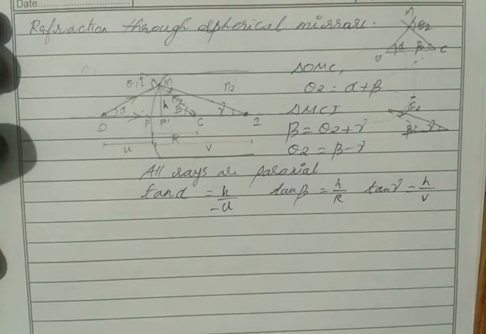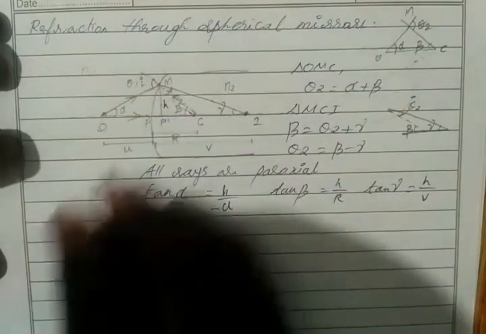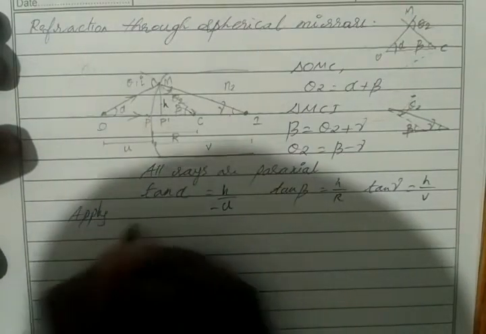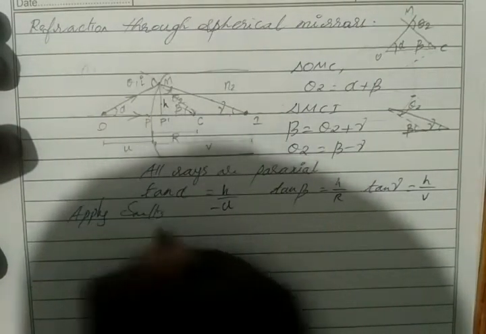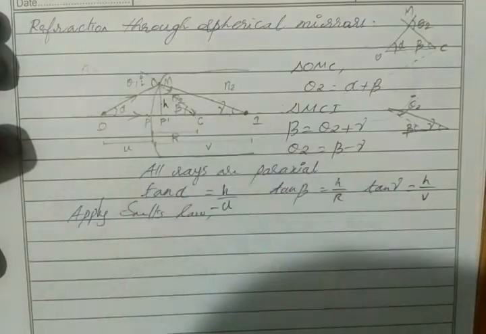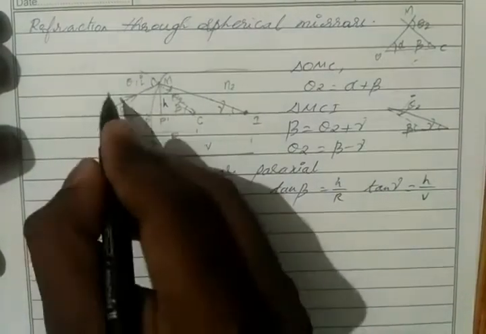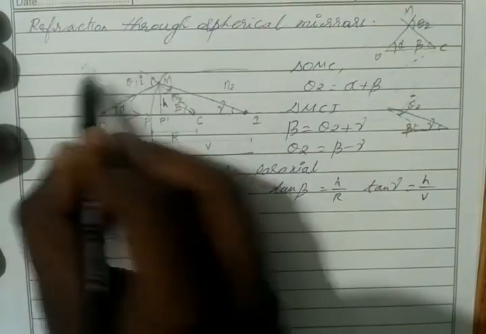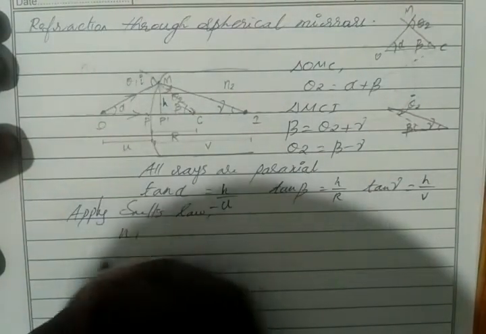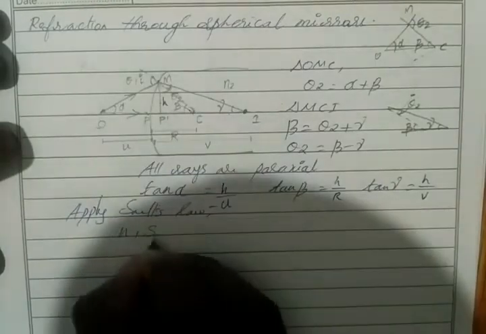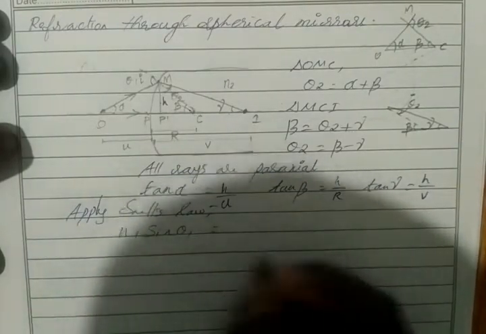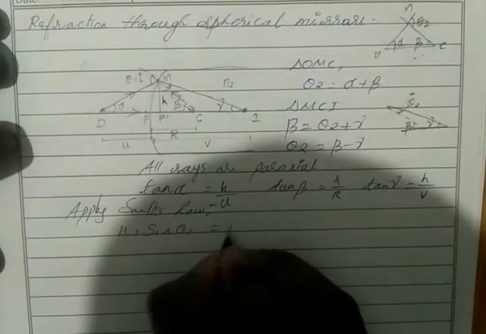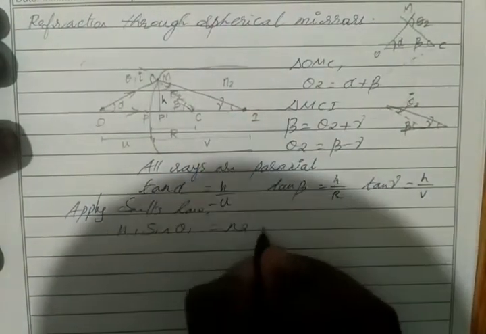So we apply Snell's law for this ray at the first interface. The first medium is air, with refractive index n1, and its angle is sine theta 1. The next medium is glass, n2, and its angle is sine theta 2.